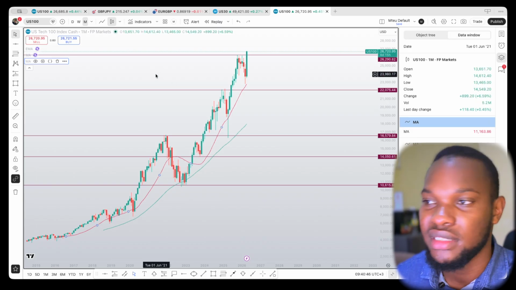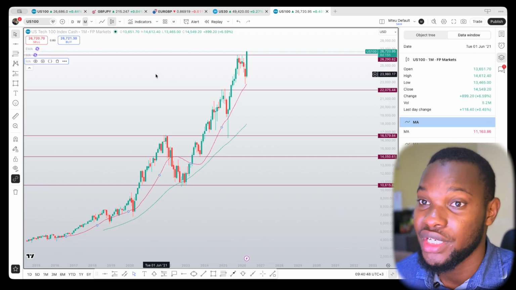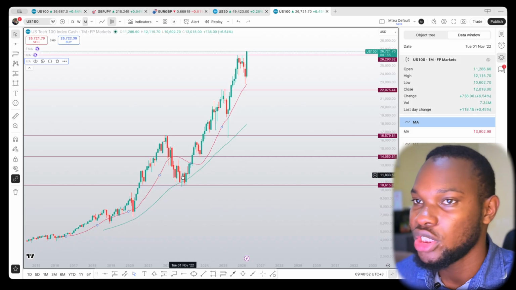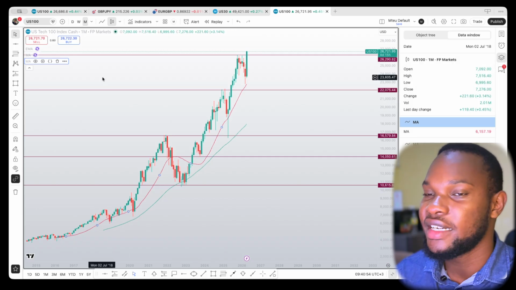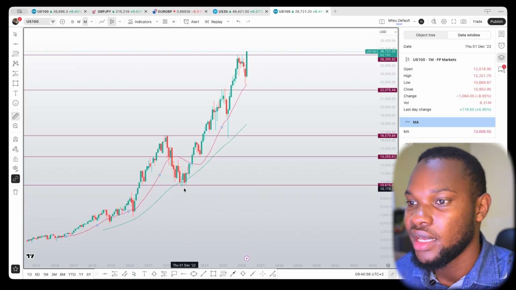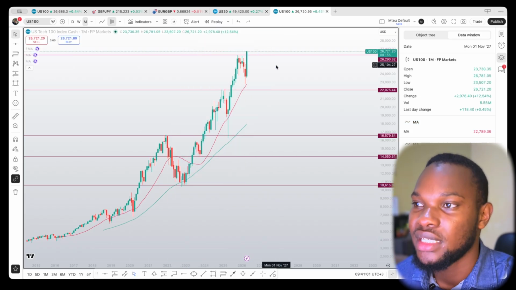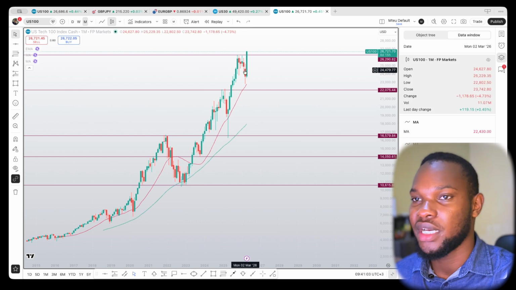The odds of that happening are pretty low, very low. So we'll focus on the period from November 2022, where we've been ripping to the upside. We've had more than a 100%, about a 140% move to the upside.